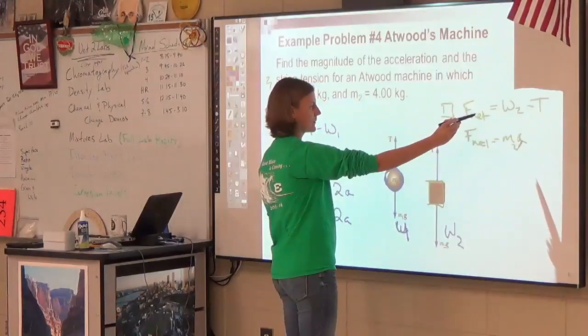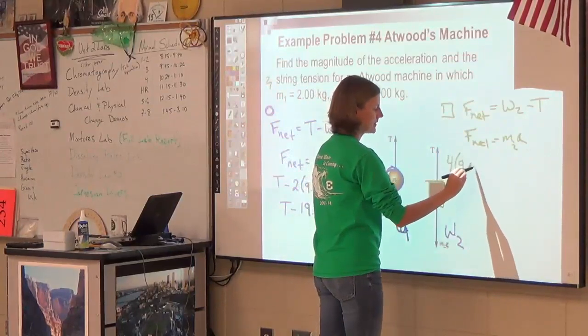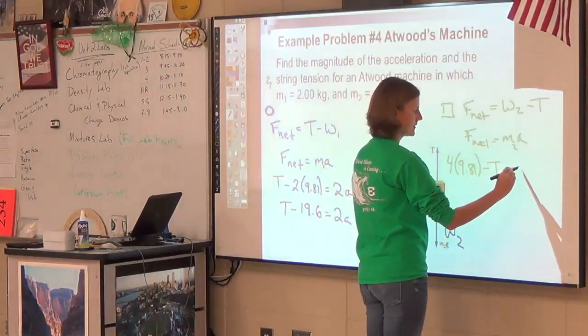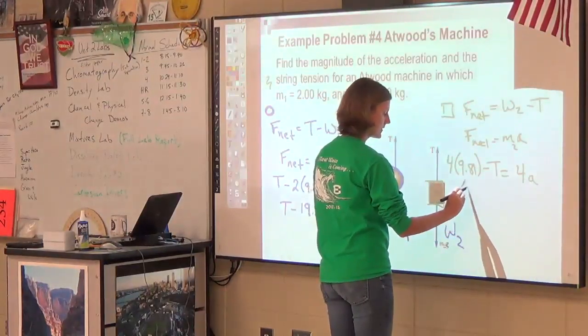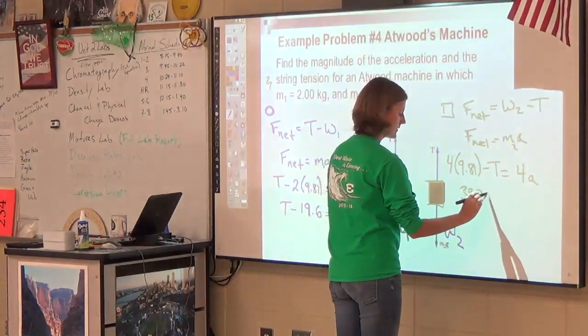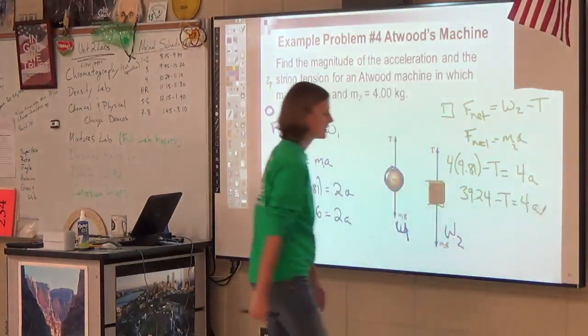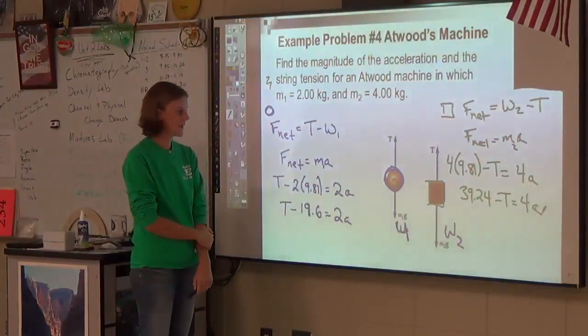So this time we've got 4 times 9.81. What is it? 39.4.